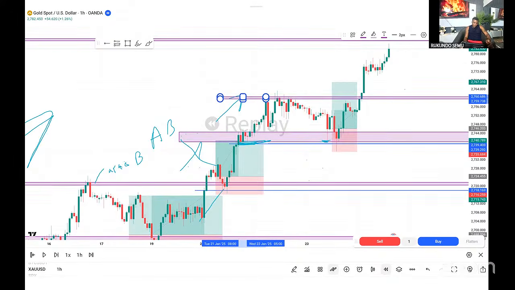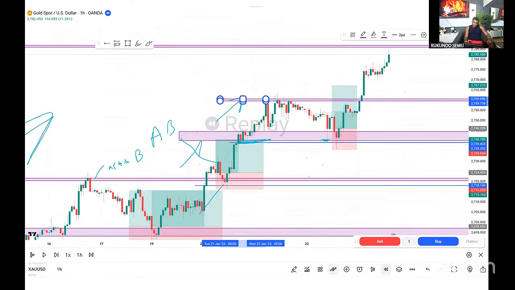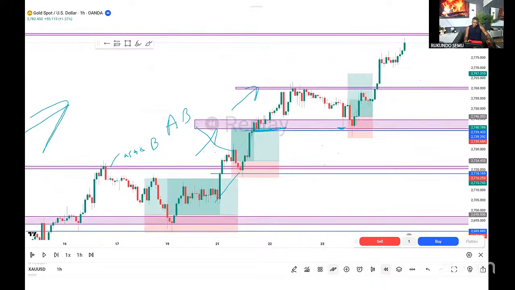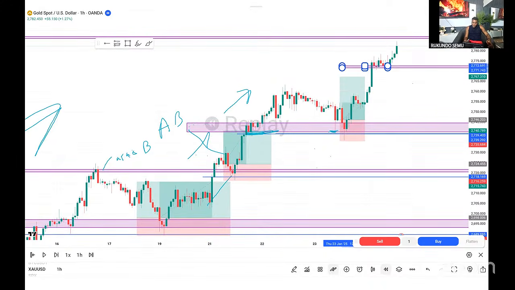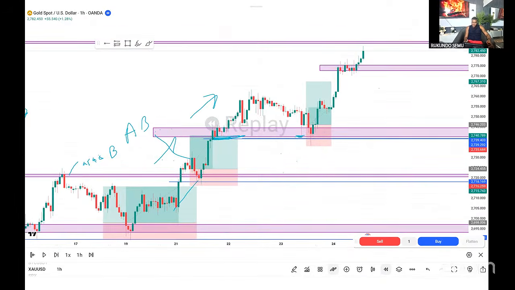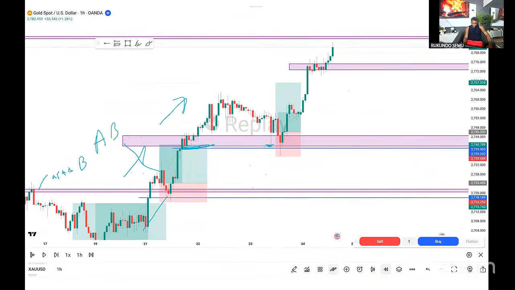We don't want to buy the market when it is on top. So since they have not respected this level, we are going to continue going up, marking another area of benefit. So this is our next area of benefit. The market is coming back, yes.